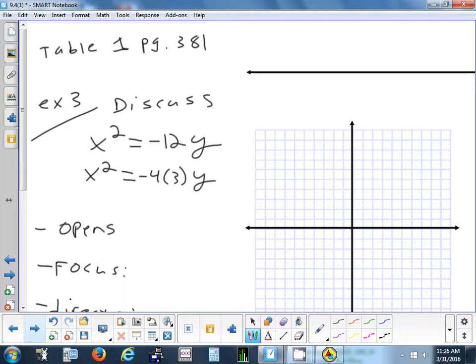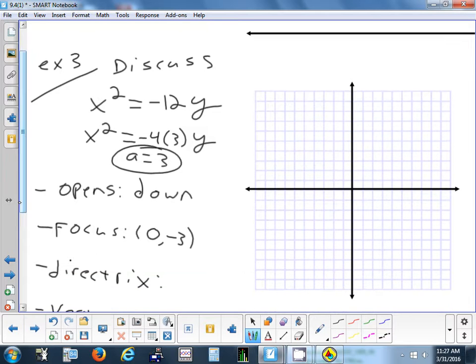Which way does a parabola open in that case? Down. X is squared and the number on the other side is negative, so we open down. The format of the focus when it opens down is 0, negative a. Let's identify a first. A equals 3. That's 0, negative 3. Yep, the focus is 0, negative 3.